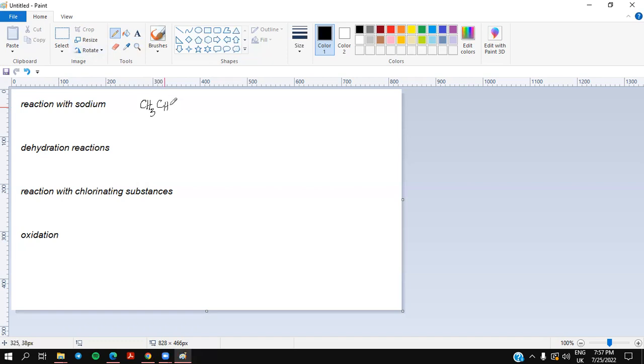CH3CH2OH. This is ethanol. If you react ethanol with sodium, you can see hydrogen gas bubble formation. Sodium piece sinks in alcohol and starts giving hydrogen gas. And then the alcohol changes to CH3CH2O minus Na plus.